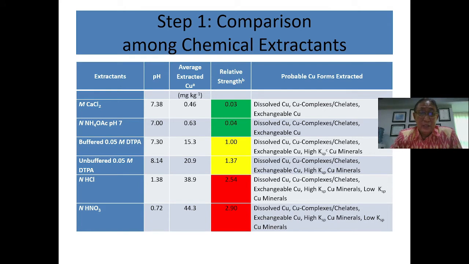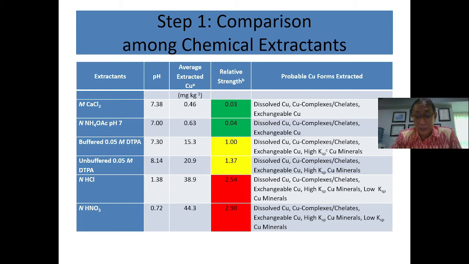And the result can be explained like this: out of six extractants, we found that hydrochloric acid and nitric acid, in this red area, were the strongest with high relative strength, and calcium chloride and ammonium acetate were the weakest with low relative strength.